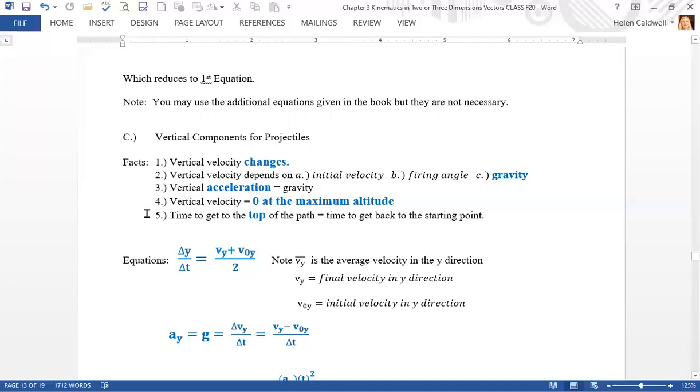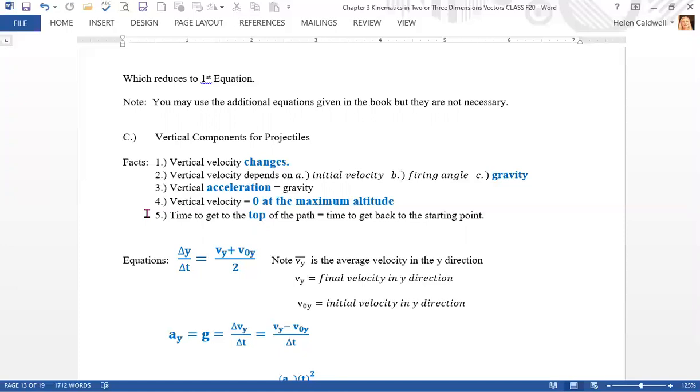And another thing that's important is that the time to get to the top of the path is the same as the time to get back to the starting point. This is oftentimes referred to as the symmetry of the projectile. Symmetry means that you've got part of it matching up with the other part of it.